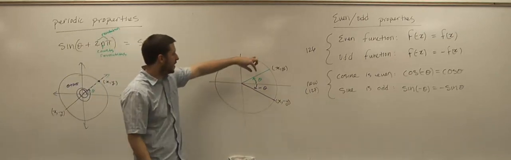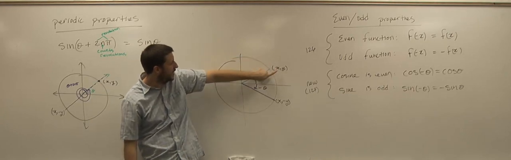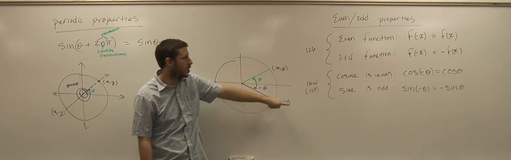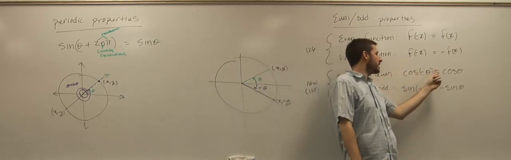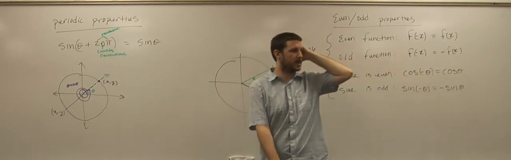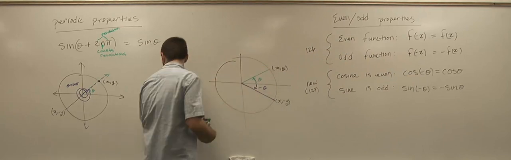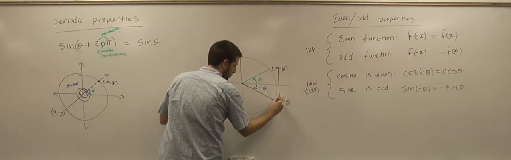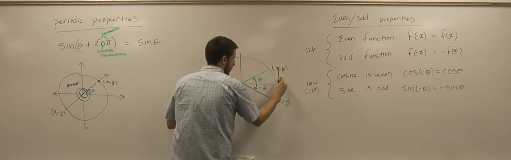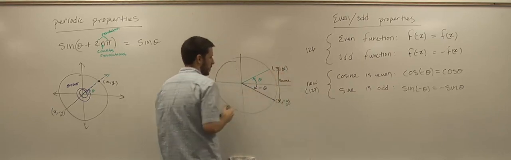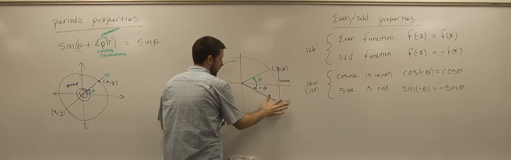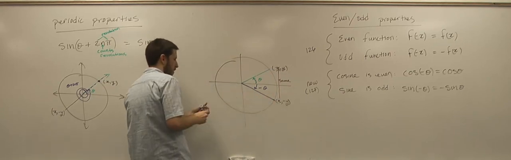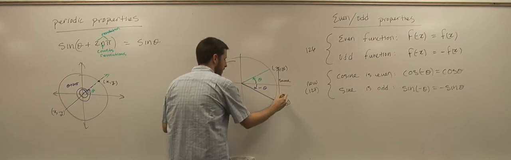So look at cosine. Whether you go to theta or you go to negative theta, what's your x value? Same thing. So cosine doesn't care whether you put in a negative theta or a theta, it'll give you the same thing. These x values are the same. Sine cares.